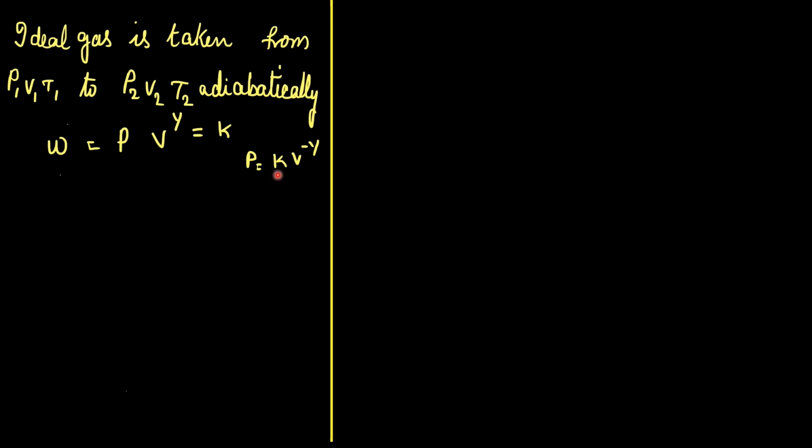Now we have to find out the delta work done for the various steps in the process, starting from initial, that is W1, to final, that is W2. Work done for the initial step, delta W1 is equal to P delta V1 raised to gamma. Work done for the final step, that is delta W2 is equal to P delta V2 raised to gamma.